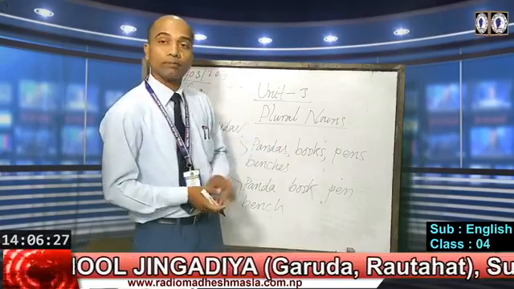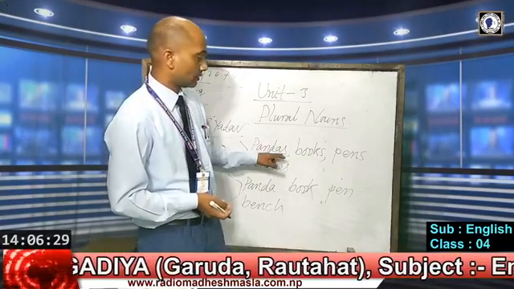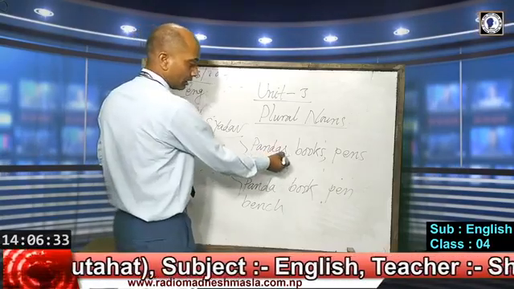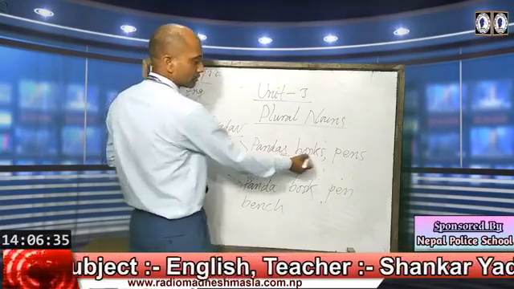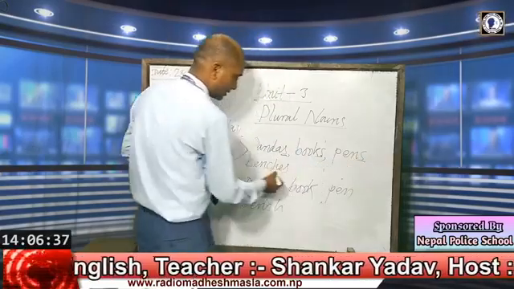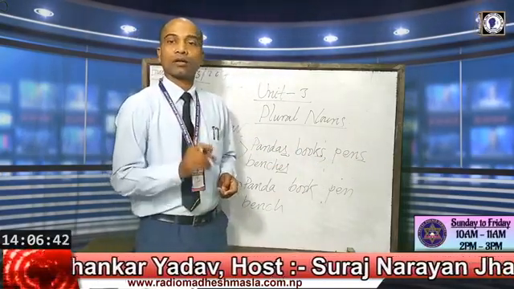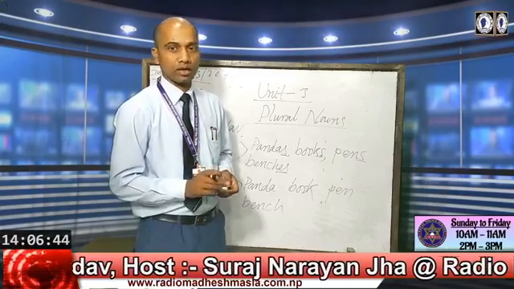Here are the plural nouns. You can see the plural markers in every word. At the end of the word there is a plural marker. Plural markers help us to know the plural nouns.